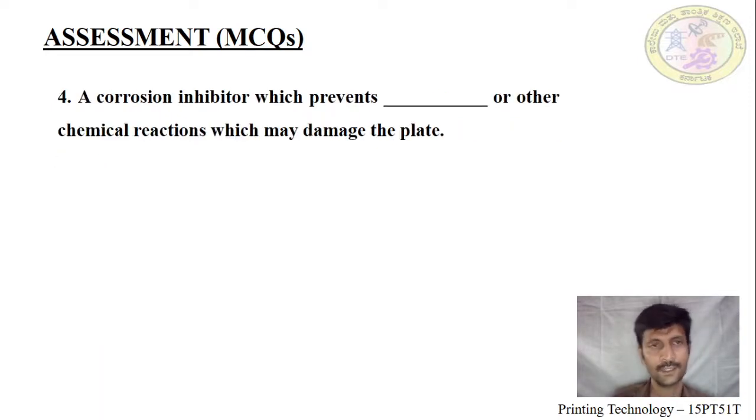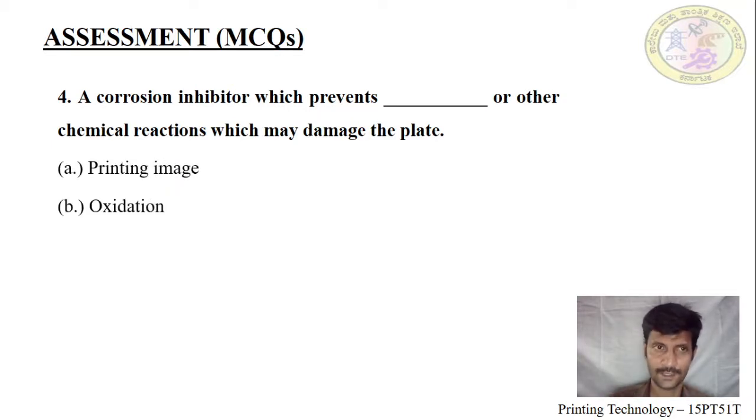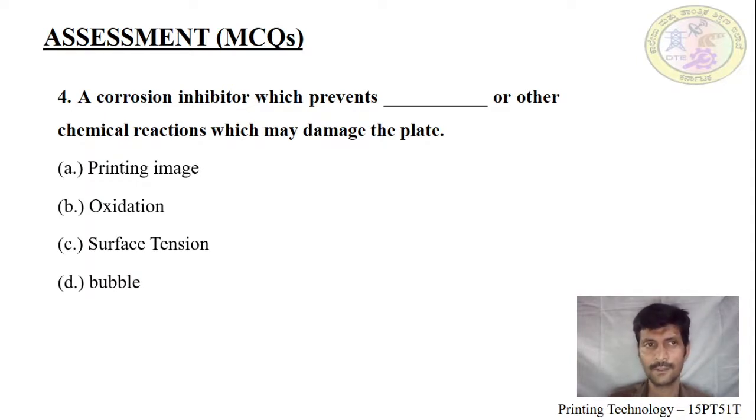Next question. A corrosion inhibitor prevents the dash or other chemical reactions which may damage the plate. Where will the corrosion inhibitor prevent: printing image, oxidation, surface tension, or bubble? We have already discussed it is in the fountain solution.